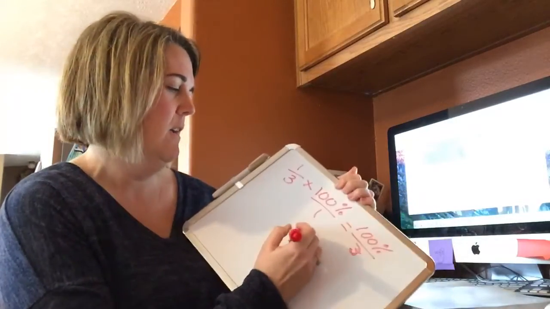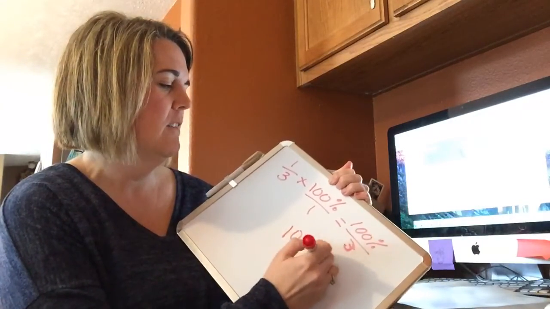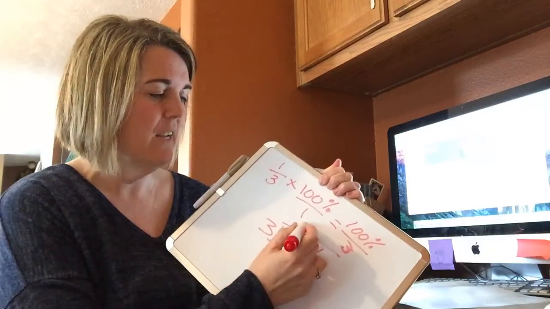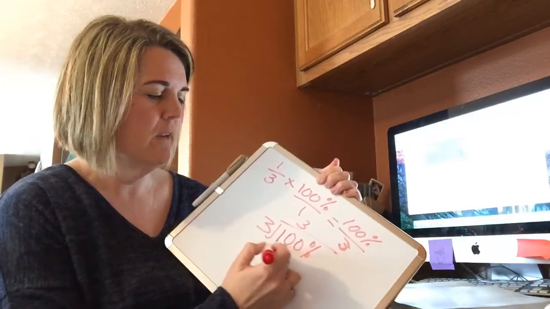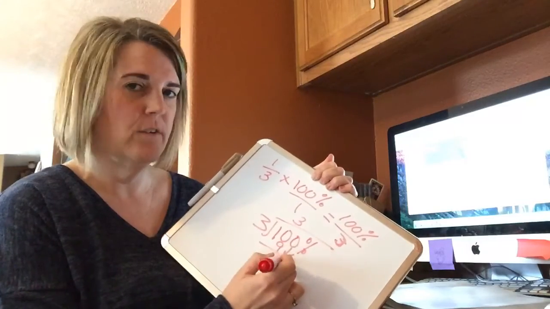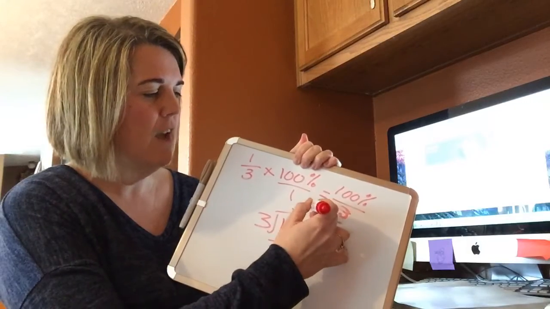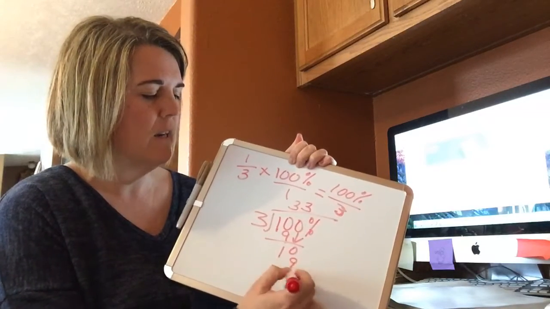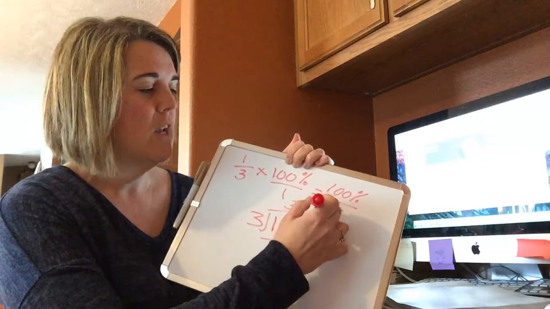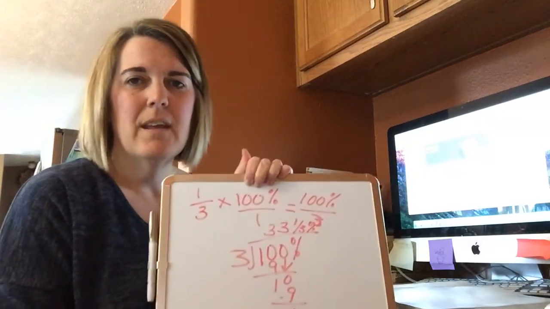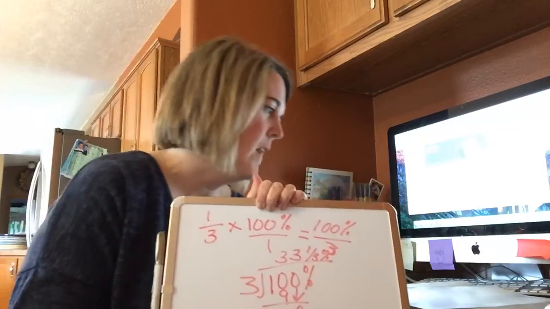So now we take 100% and we divide it by 3. 3 goes into 10 3 times, 1 left over, bring down your 0. And then 3 goes into 10 another 3 times with 9 here. Subtract, and we have 1 left over. So you write that as a mixed number, and your percent is 33 1/3%.